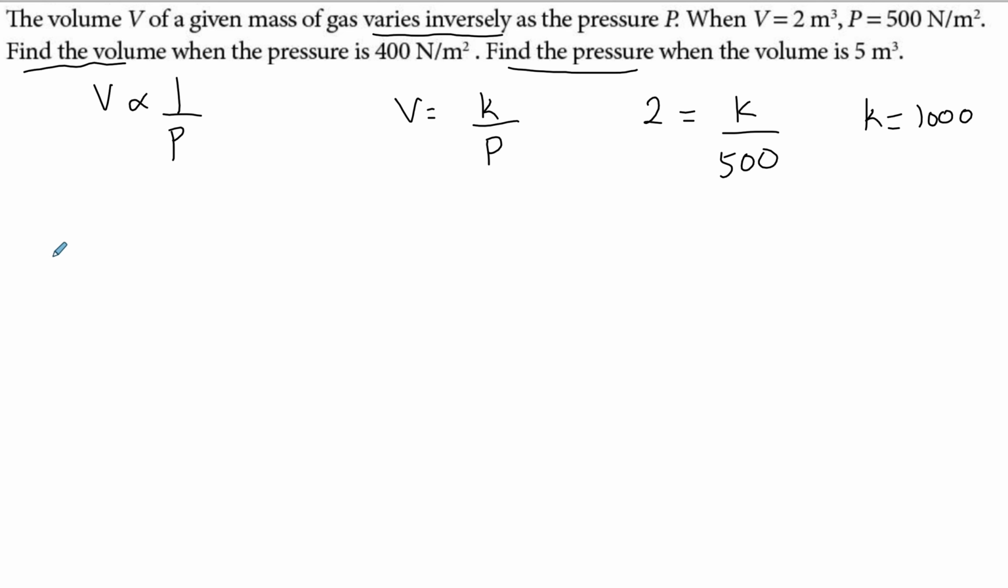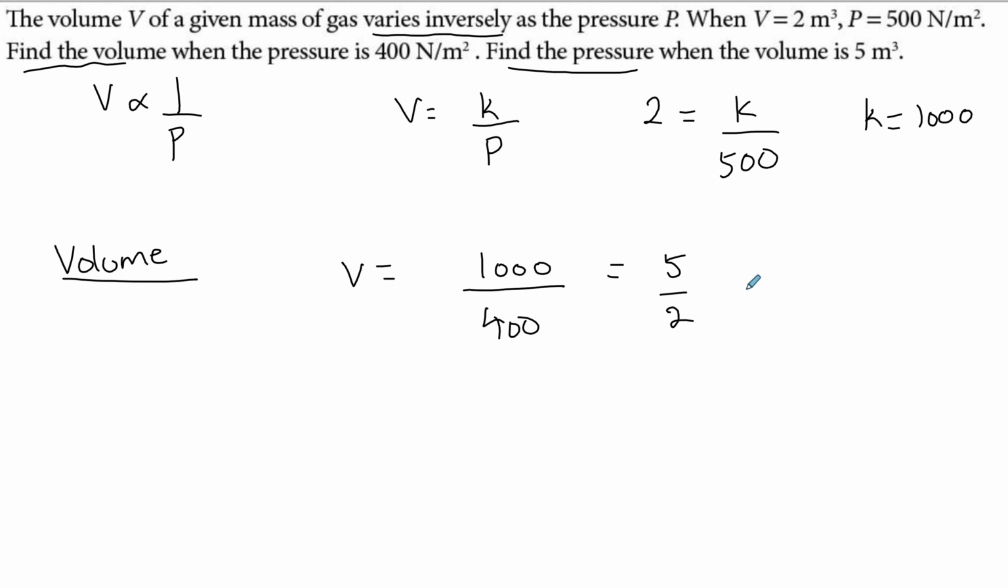So for the volume, I have the pressure is 400, and I have my 1,000 here, so 1,000 divided by 400 is going to give me 5 over 2. But because we are dealing with actual things, do write it as a decimal, and be careful with the units. It's volume, and your volume is given in meters cubed.